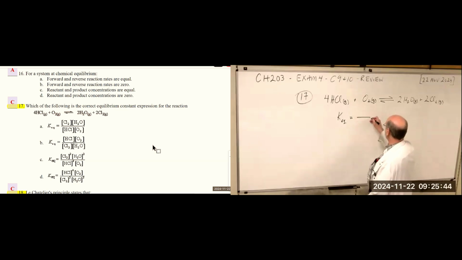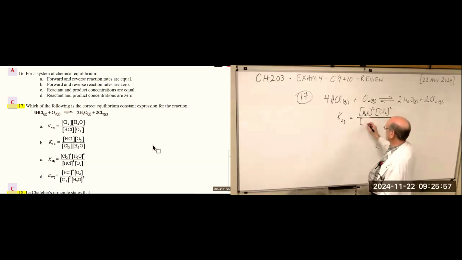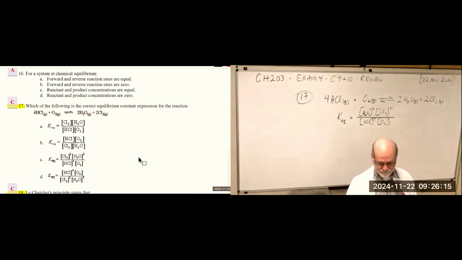So that means in the numerator, we're going to have water squared and chlorine gas squared. And in the denominator, we have hydrogen chloride to the 4th power and oxygen to the 1st power. So let's see which one of those satisfies. C, looks like C works. Yep. That would be the equilibrium expression for this equation.